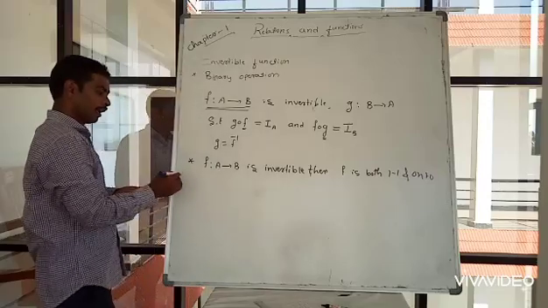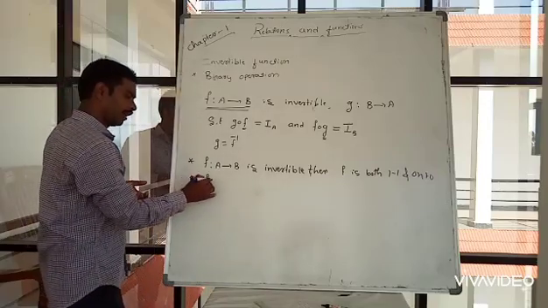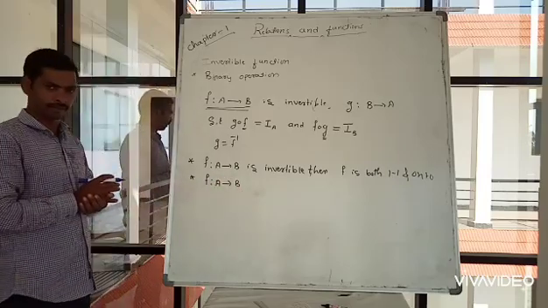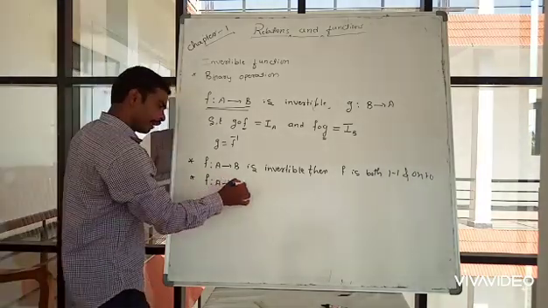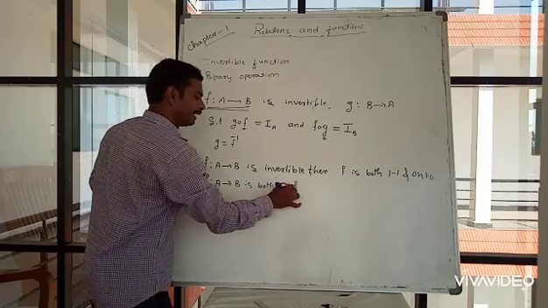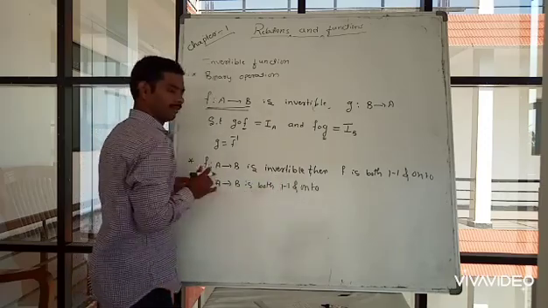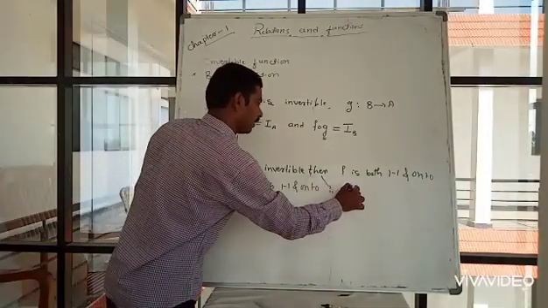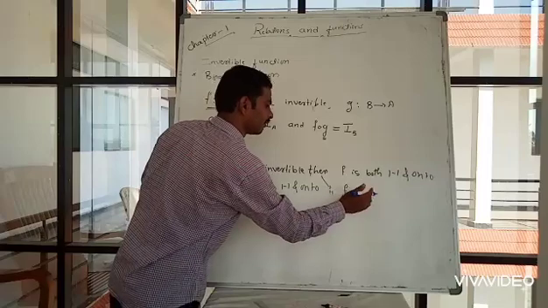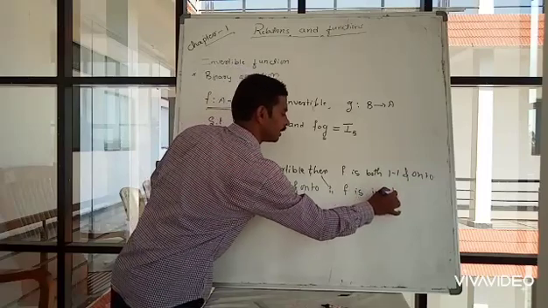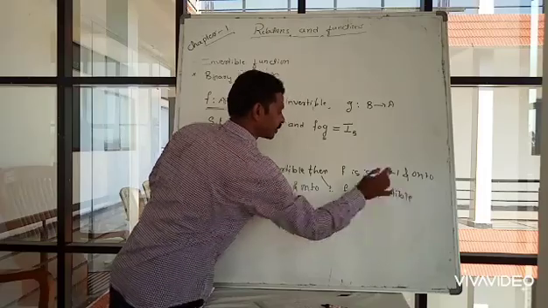So similarly, if f is any function from the non-empty set capital A to the non-empty set capital B that is both 1-1 and onto, then the function f is always invertible.